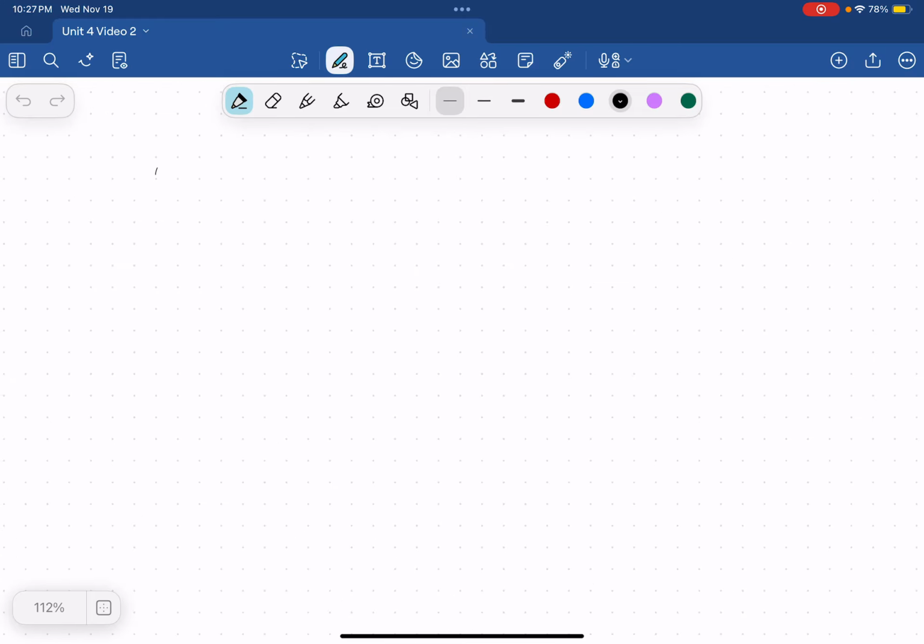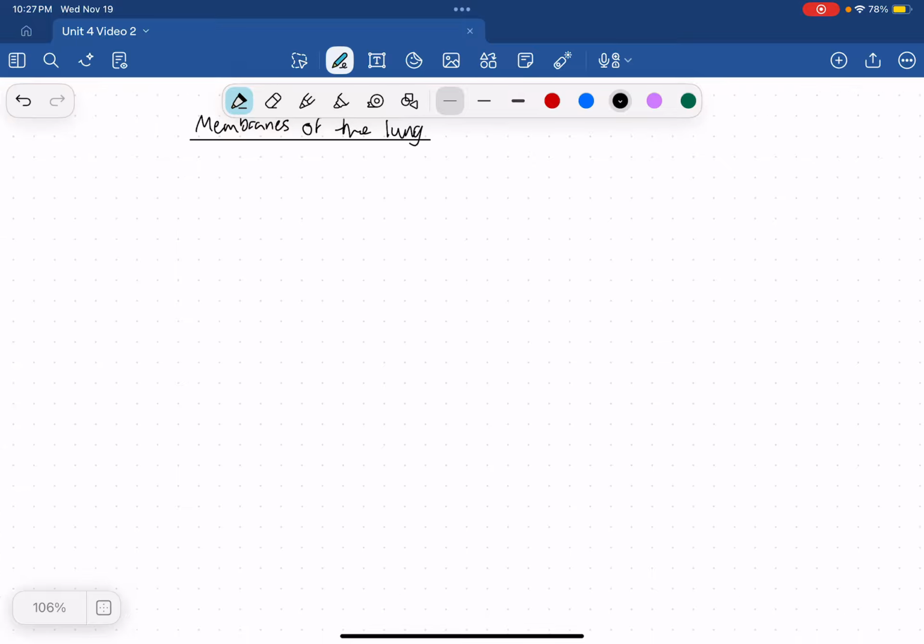So, let's get that a little bit wider. So, talking about the membranes of the lung here, let me draw out a little picture for us.